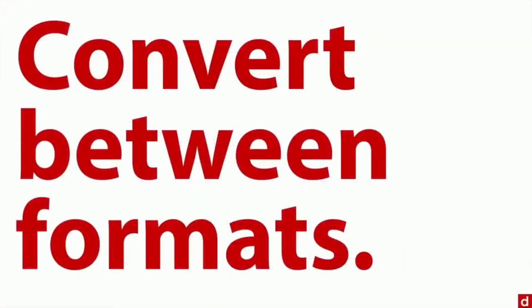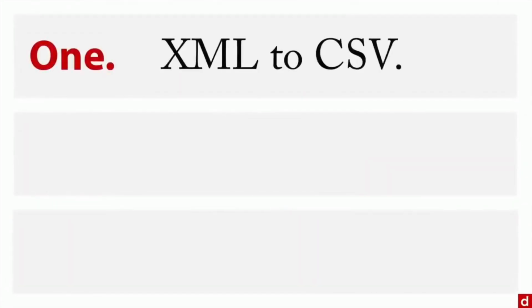What's even more interesting is how easy it is to take XML data and convert it between different formats because it's structured and the computer knows what you're dealing with. So for example one, it's really easy to convert XML to CSV, or comma separated value files. That's the spreadsheet format, because it knows exactly what the headings are and what piece of information goes in each column.